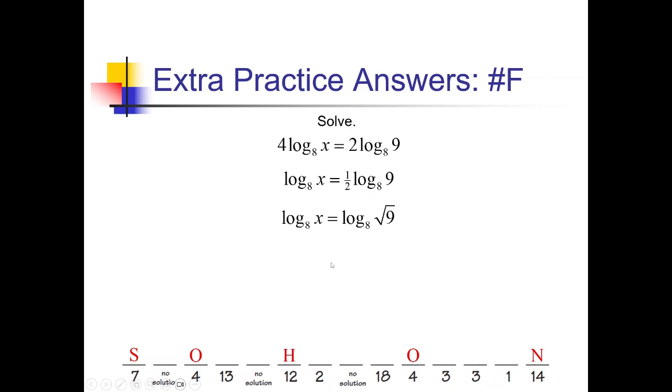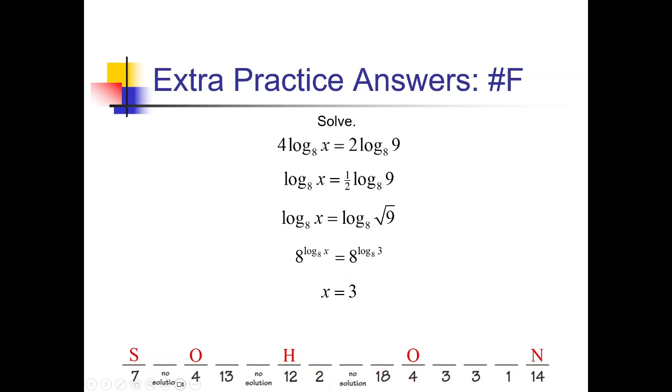At this point, I'm going to raise the base of 8 to both sides, and while I'm at it, I'll simplify this radical 9 to be a 3. So I've got a 3 there instead of root 9 now. Both of these 8s cancel out the log base 8s, so I end up with x on one side and 3 on the other. So just x equals 3 then would be my answer.